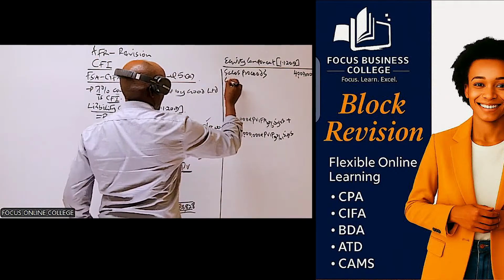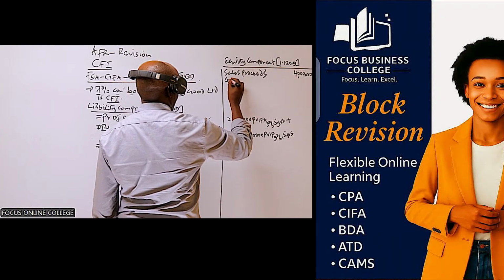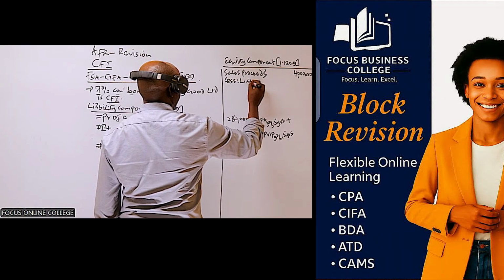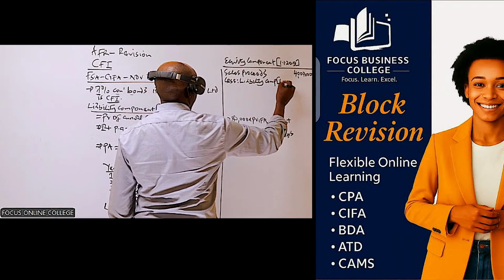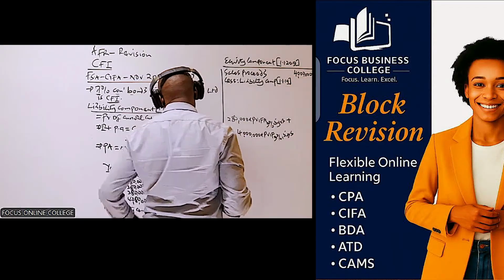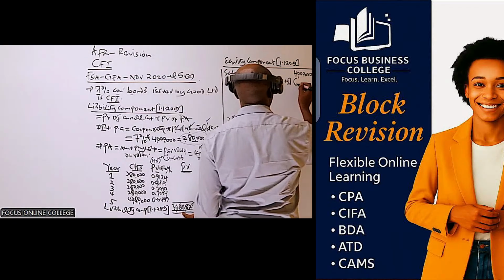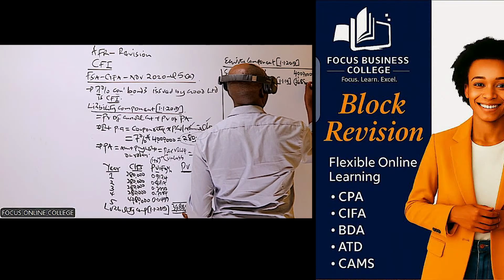To this, we less the liability component on the same date, 1st January 2019, which we have computed here. That is 3,688,828.